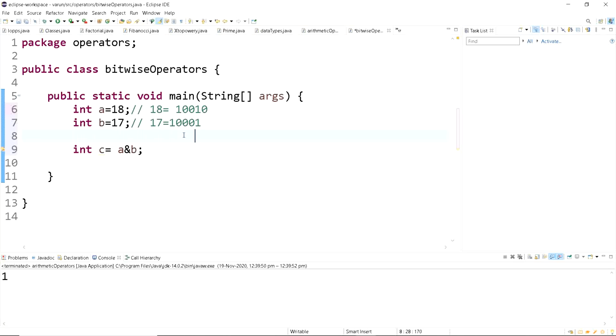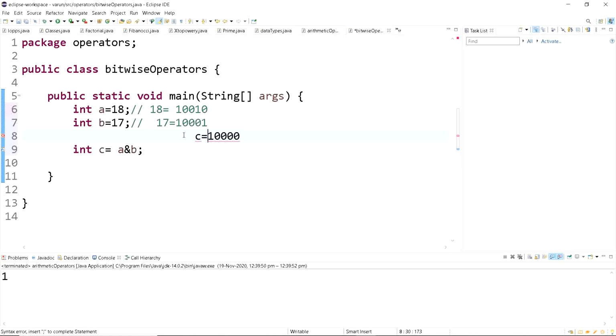So 0 and 1 is 0, 0 and 1 is 0, 1 and 0 is also 0, 0 and 0 is 0, and 1 and 1 is 1. So you get c equals 10000.